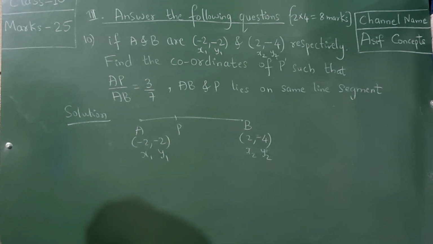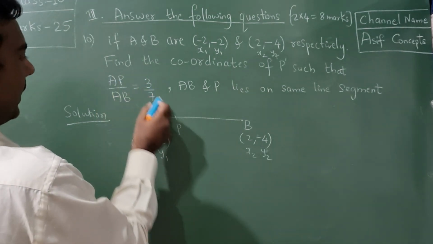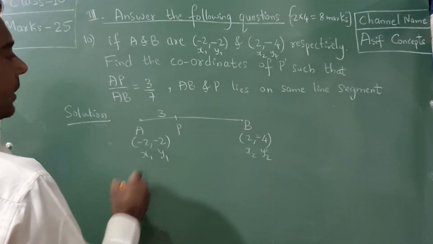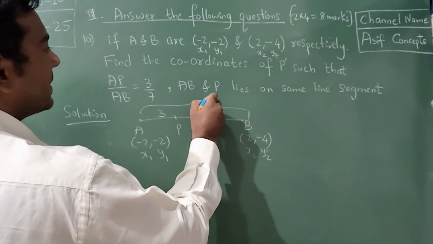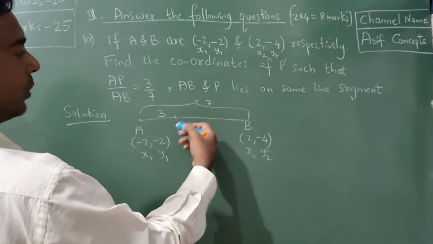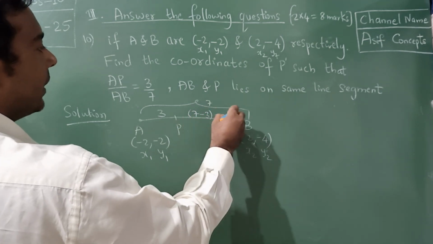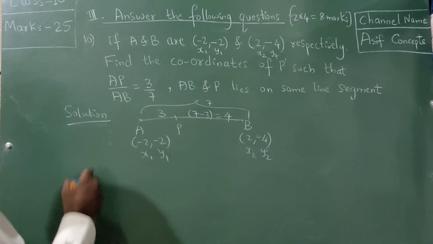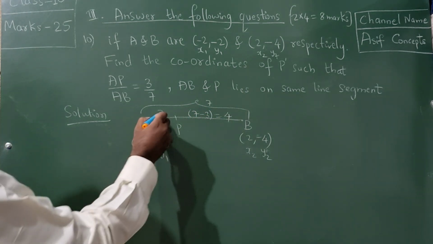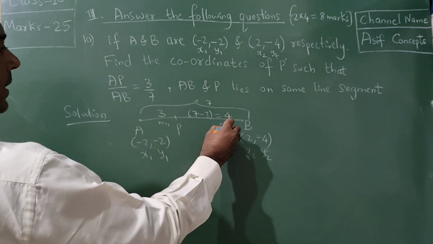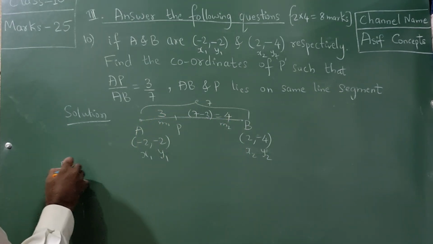Since it is 3 by 7, so AP will become 3. From A to B it is 7. So from P to B I can write 7 minus 3. It will become 4. Okay. Now this is M1 and this is M2. So let me write the formula.